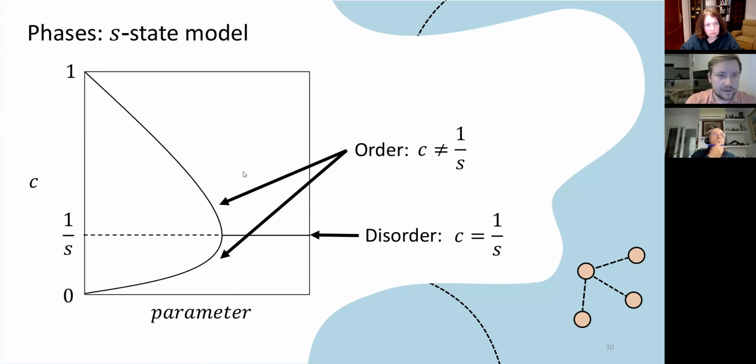And here I am also able to distinguish 2 phases, disorder and order, where disorder is the situation when all opinions are equal, and order is the situation when one opinion is dominant among the others.